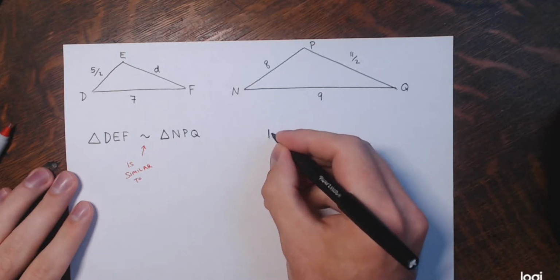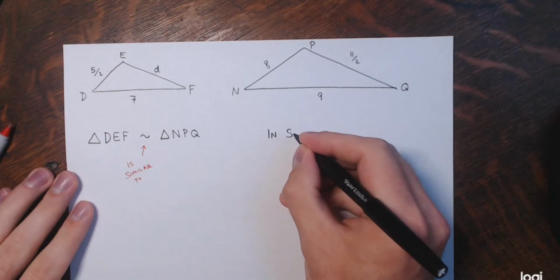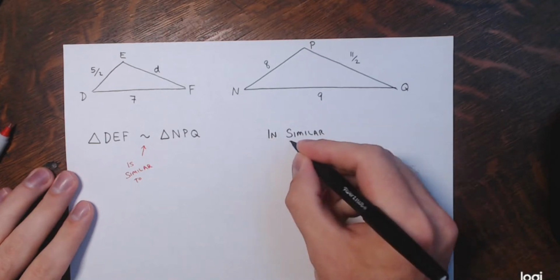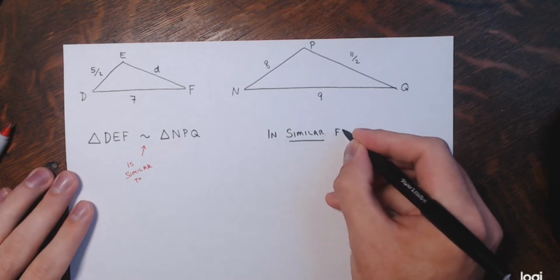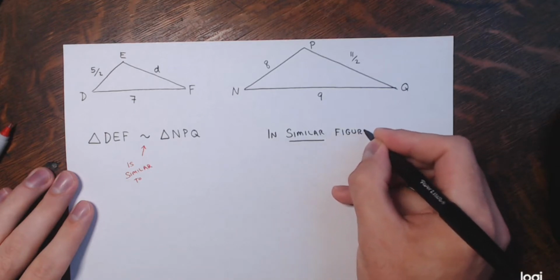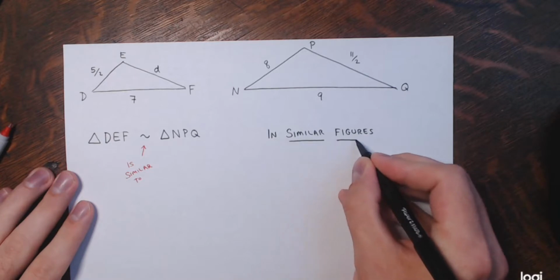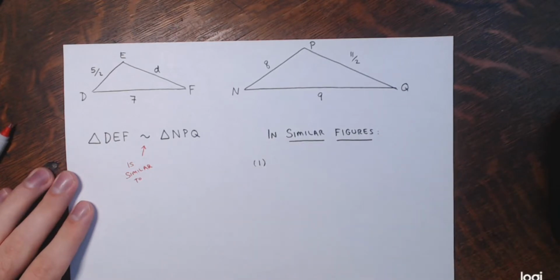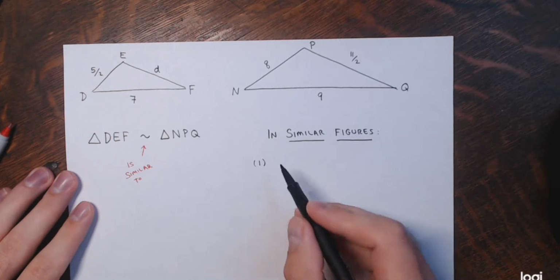So in similar figures, when we say two figures are similar, one, all the corresponding angles are congruent or have equal measure.